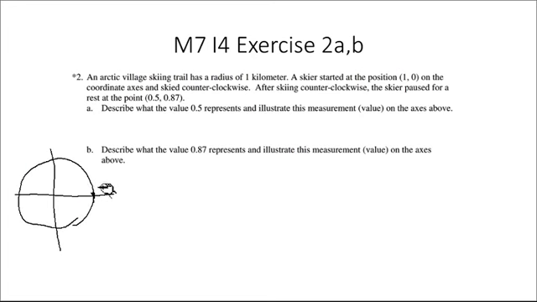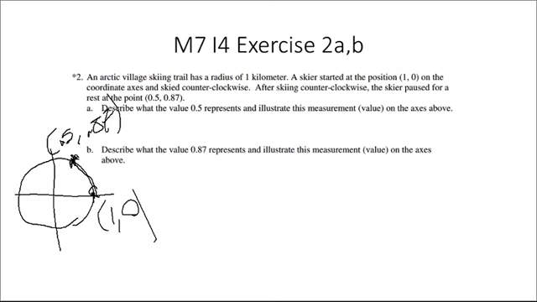All right, so we're starting here, and the skier moves counterclockwise and pauses at the position x equals 0.5, y equals 0.87. So that would be somewhere around here. And that's the point 0.5, 0.87.